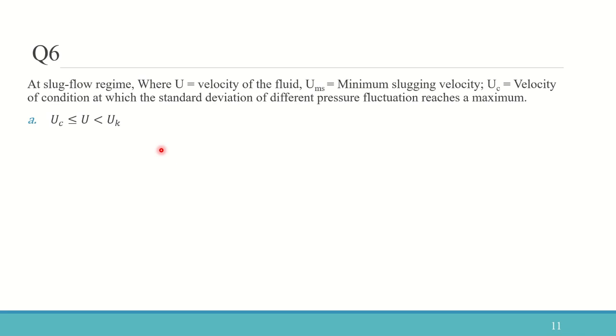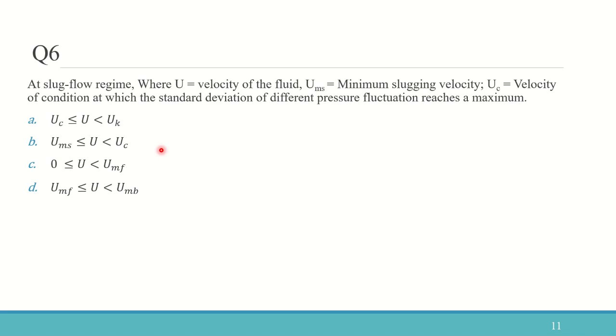So we'll look at the options first and then come back to discuss the answer. Option A, it is UC less than or equal to U less than UK. The second one is UMS less than or equal to U less than UC. The third one is 0 less than or equal to U less than UMF. And D, it is UMF less than or equal to U less than UMB.